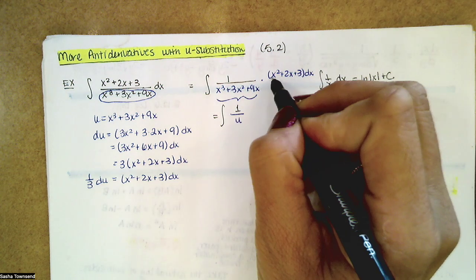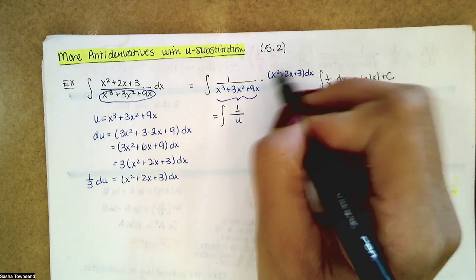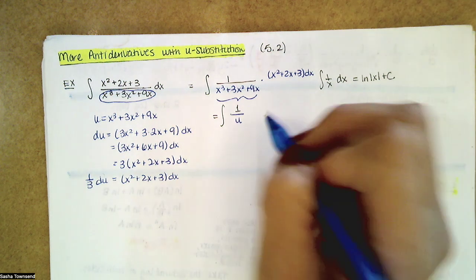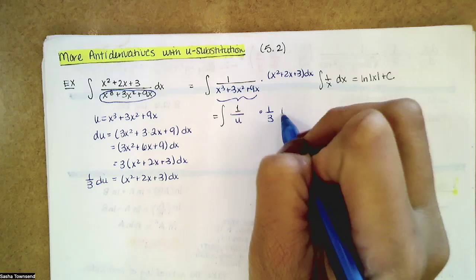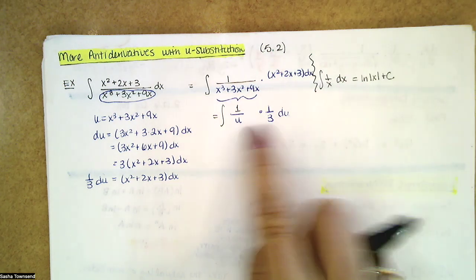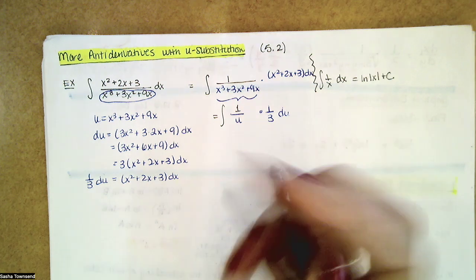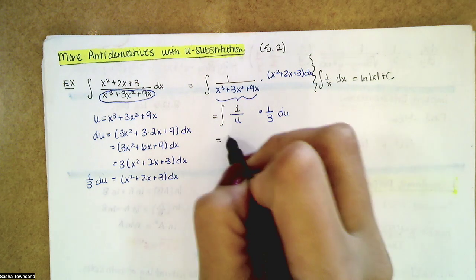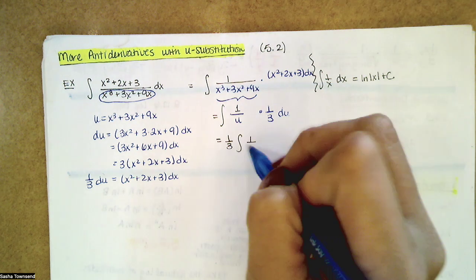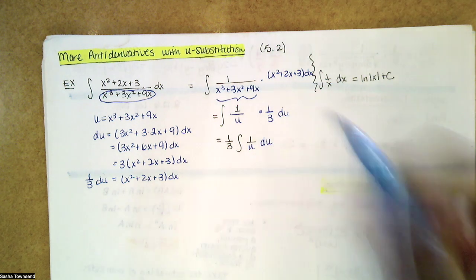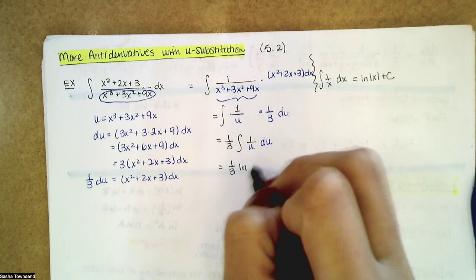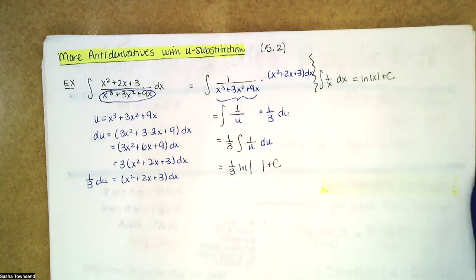And this x squared plus 2x plus 3, that quantity times dx, is actually 1/3 of du. So we can substitute that in. And then we say, do I have a basic rule for that? And I do, it's that rule. And we just have a u instead of an x. So I have a 1/3, I'll bring that out front, times the antiderivative of 1 over u with respect to u. So we'll get 1/3 of the natural log of the absolute value of u plus c.